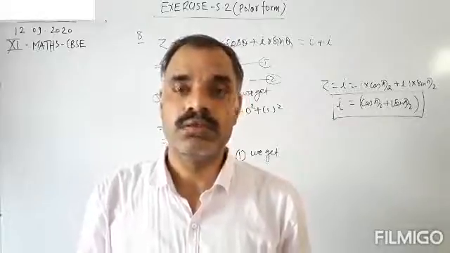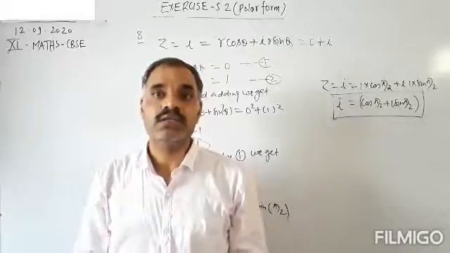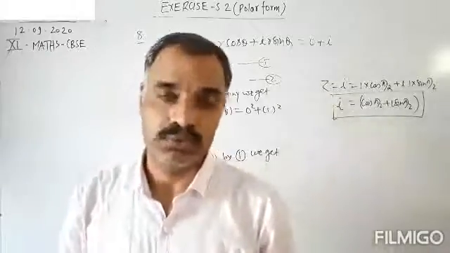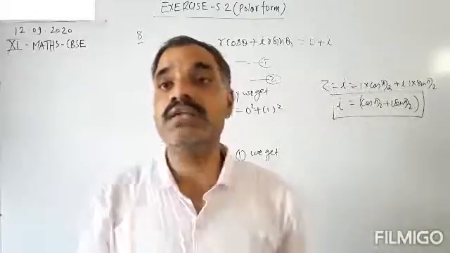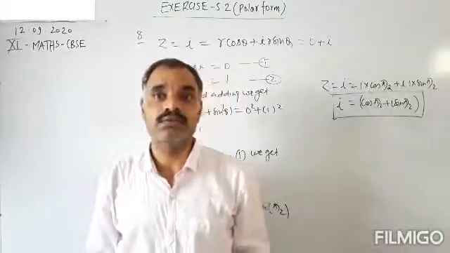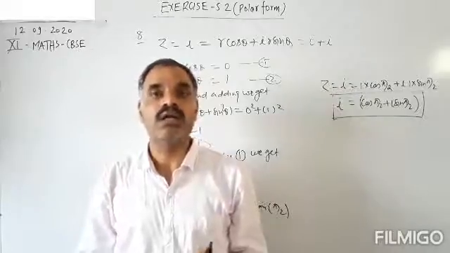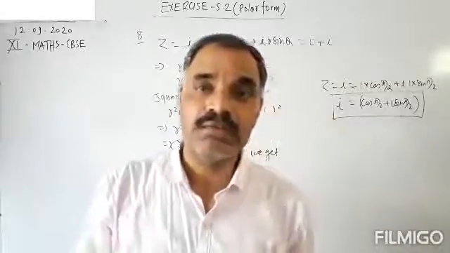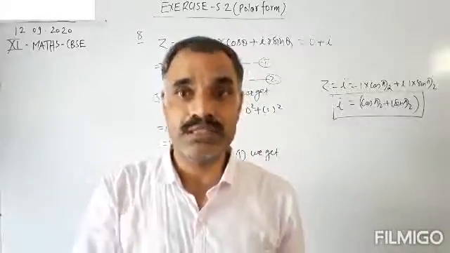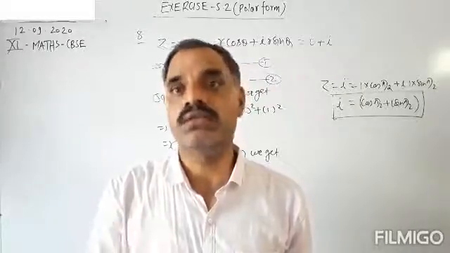Now we will start the next topic, that is quadratic equation. Students, in class 10th we have already solved the given quadratic equation for the discriminant D greater than or equal to 0.